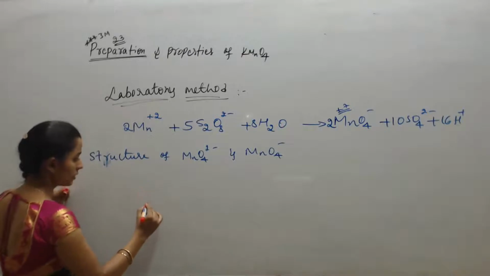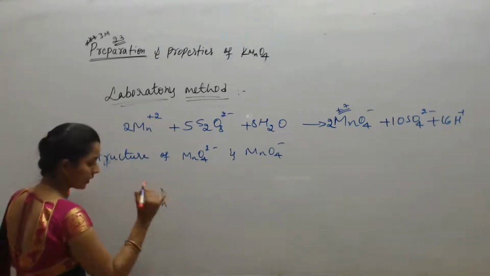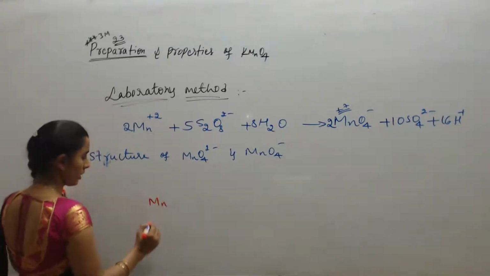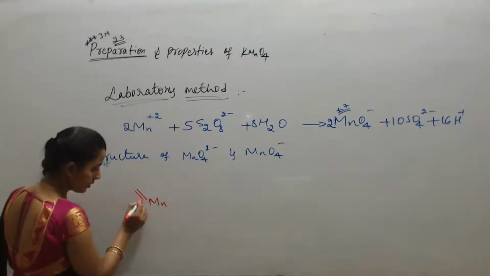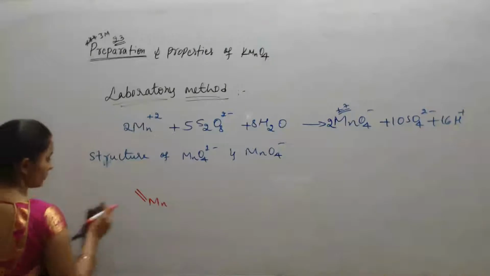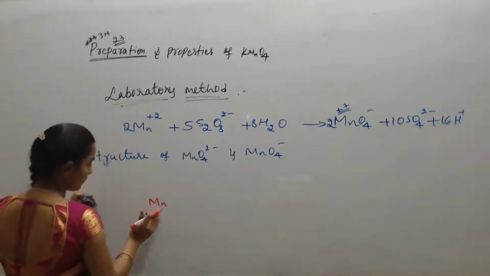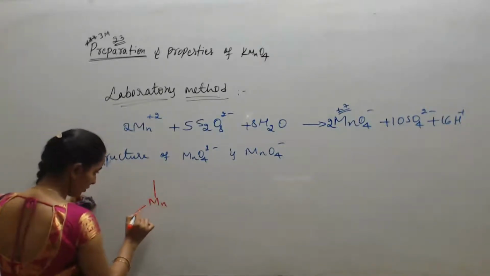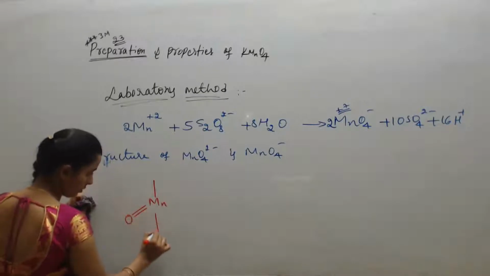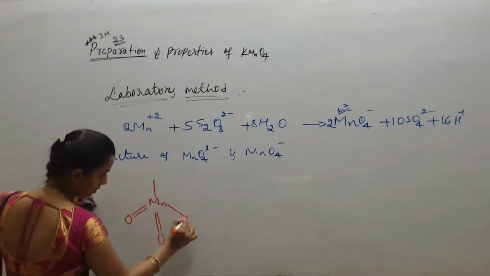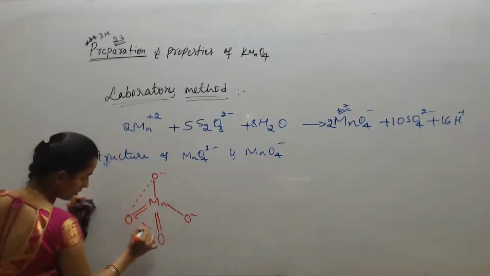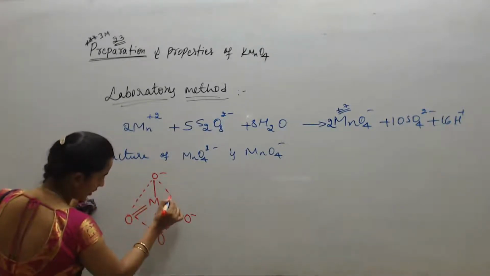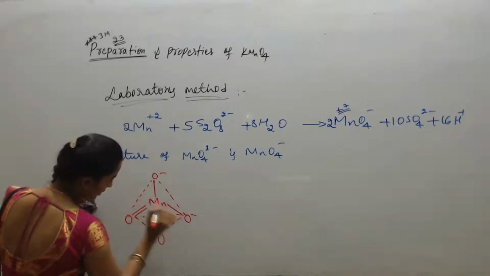So listen students, this is the manganate ion, MnO4 2 minus, with oxygen around Mn, this is minus, this is minus, tetrahedrally bonded.